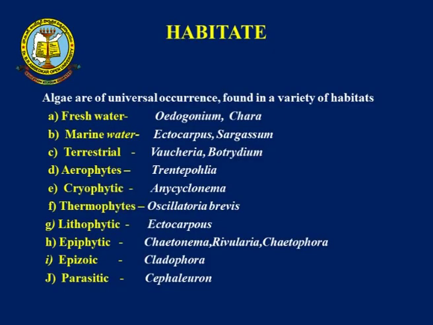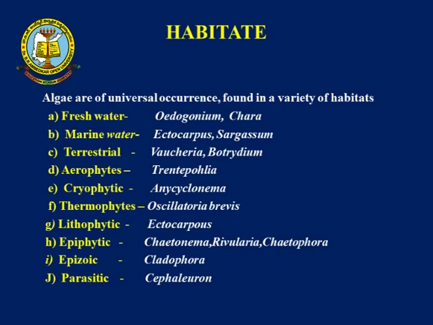Habitat means natural living place. Here we can see on the slide, the universal occurrence, the general habitat of algae is water, so they are called aquatic. Apart from that, a few are terrestrial, aerophytic, cryophytic, epiphytic, parasitic and symbiotic also.